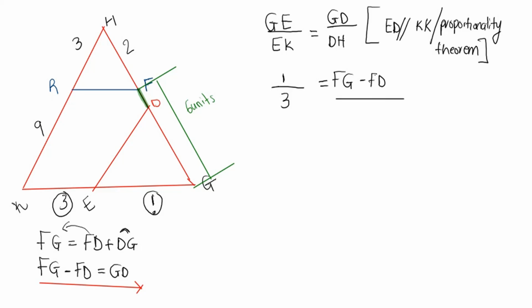So we look at our DH. That is the DH there. And what does DH comprise of, or what makes up DH? DH is made up of your FD plus your HF.